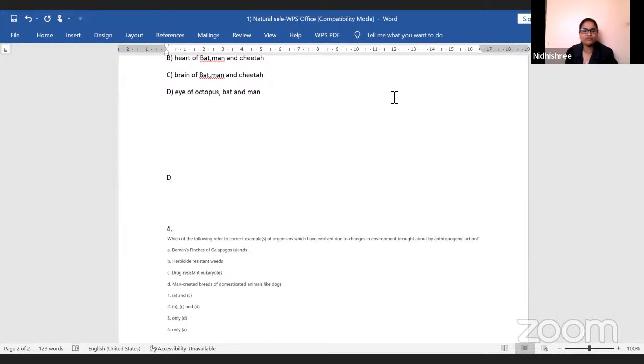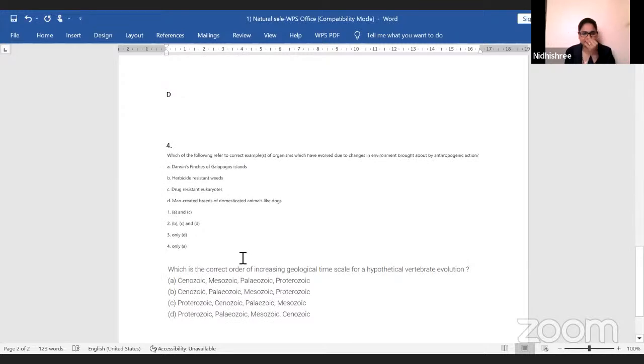D, man created breeds of domesticated animals like dogs. 1, A and C. 2, B, C and D. 3, only D. 4, only A. Time starts now. 5, 4, 3, 2, 1. Lohit gave the correct answer first, that is 2, B, C and D: herbicide resistant weeds, drug resistant eukaryotes, man created breeds. I am saying, whoever's correct answer message reaches my eyes right after 5, 4, 3, 2, 1, that person will be a winner. So the second option is the right answer.